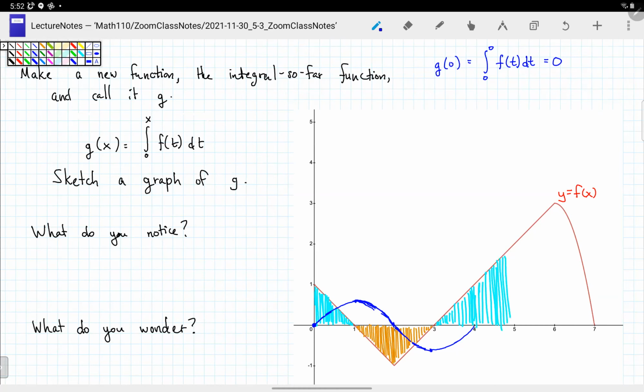So this function is getting steeper and steeper. And we see g of 5 was 1.5. I'm going to mark that here. So it's getting steeper and steeper, meaning the graph is concave up. g of 6 was 4. It's going to continue getting steeper as I'm adding more and more positive area to the integral.